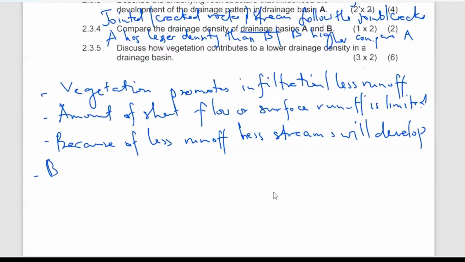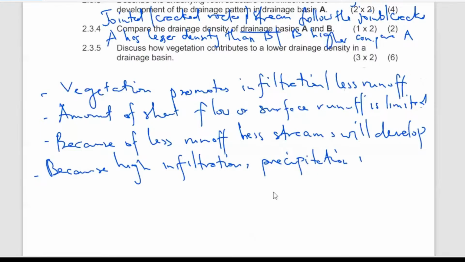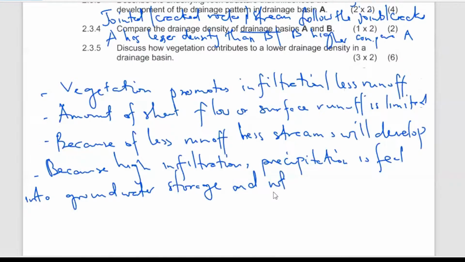Or we can say, because of high infiltration, precipitation is fed into groundwater storage and not into the development of streams.